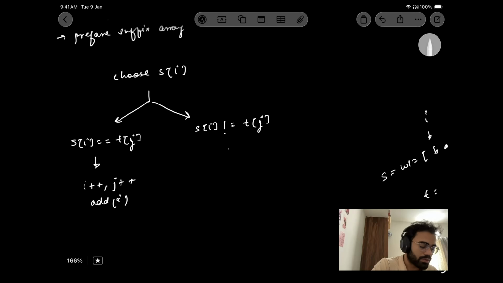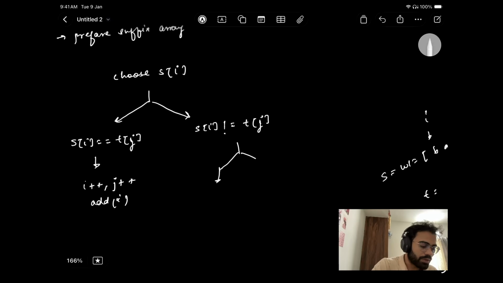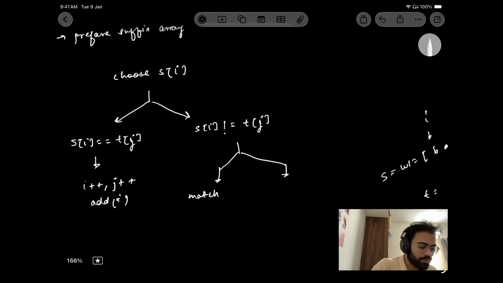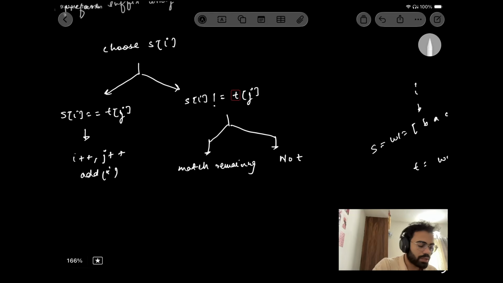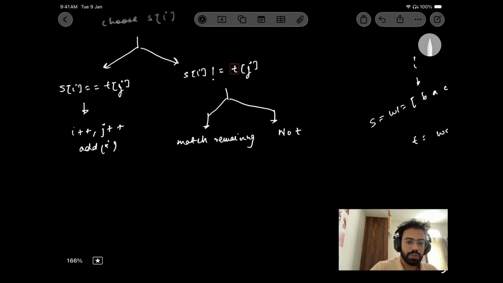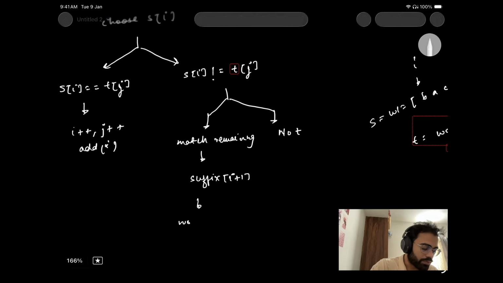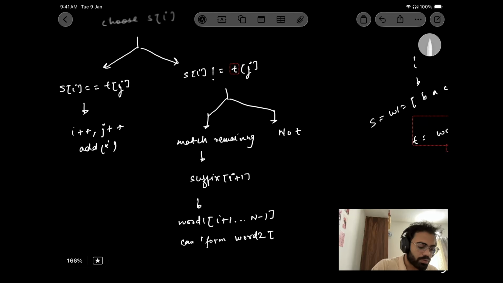Now, if this is not equal, then we still have two cases: match remaining or not. If there is a match remaining, it means I can do one mismatch. So what we check is whether my suffix of I plus one, that is word one from I plus one to n minus one, can form word two from j plus one to m minus one.